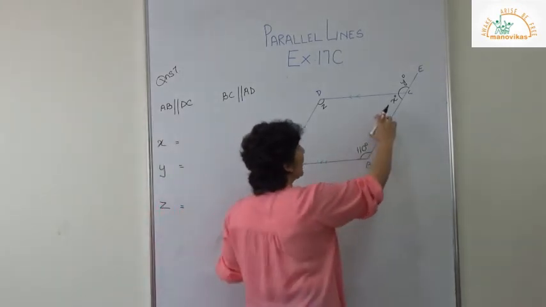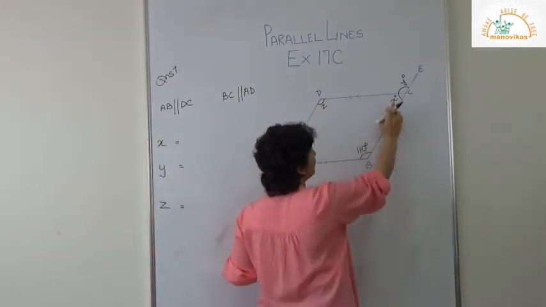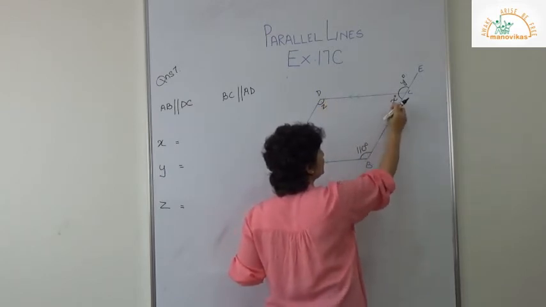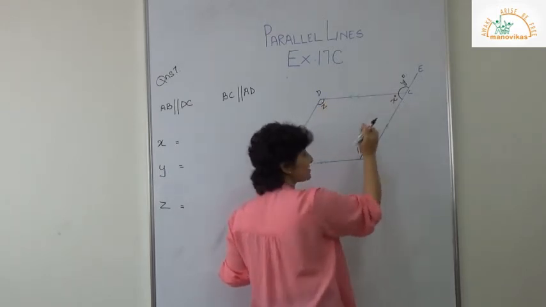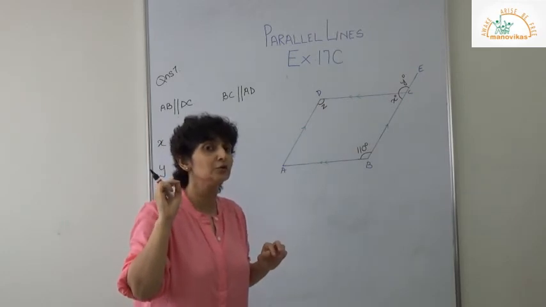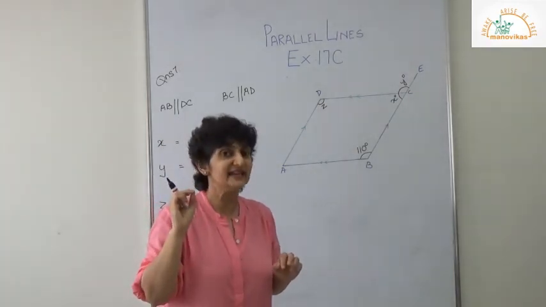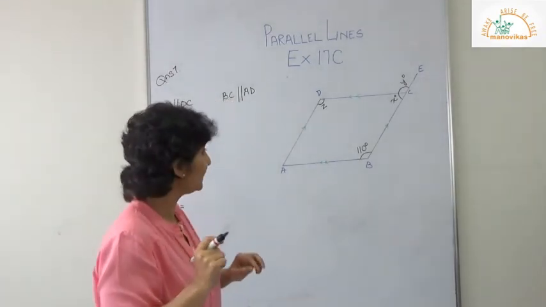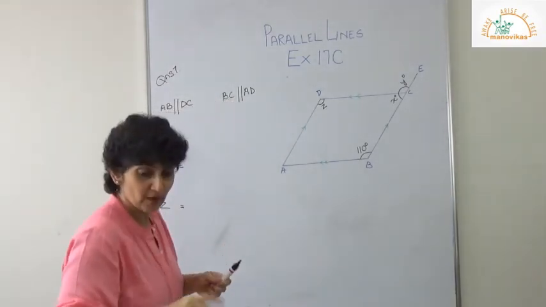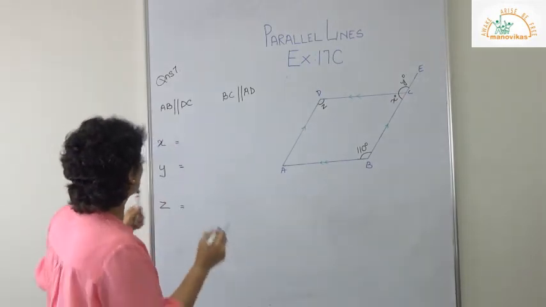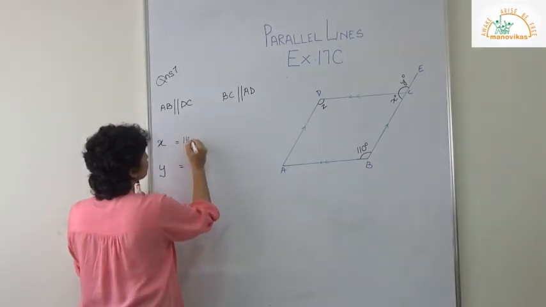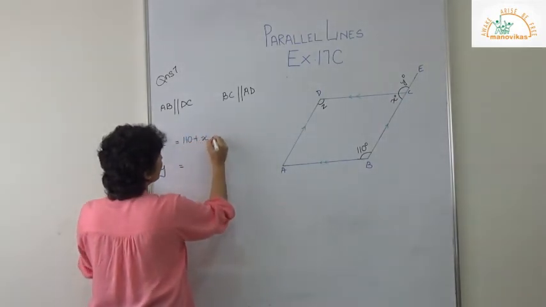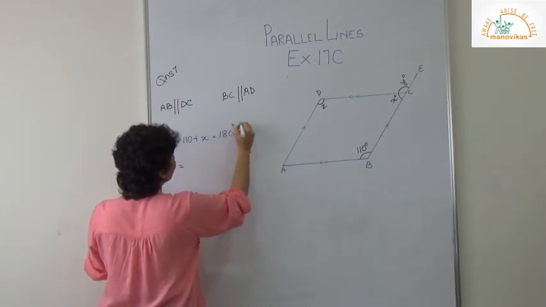Now children, I told you even that time, when you have a four-sided figure and two angles are adjacent, the sum is equal to 180 degrees. And what is the reason you're going to give me? Co-interior angles are supplementary. So, when you have here X, you know 110 plus X is equal to 180 degrees.